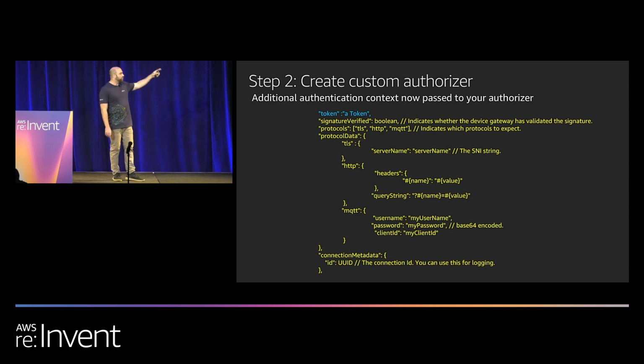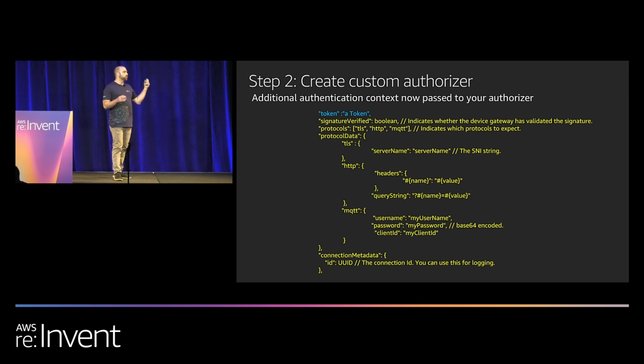So you'll get all this kind of rich protocol data. So at the TLS layer, you'll be getting information on the server name indication string that the device was sending. If you are using HTTP publish or MQTT over WebSockets, you'll also get some of the information from the HTTP headers. So you'll get all the header information. You'll also get actually all the query parameters. So now you can embed your credentials in either a custom header or a custom query parameter.